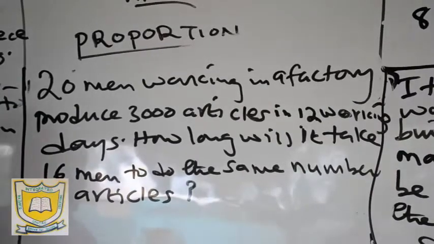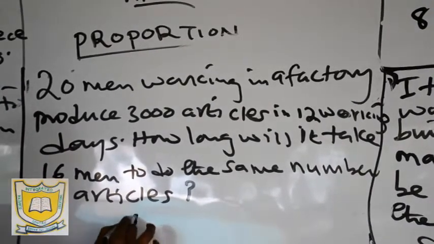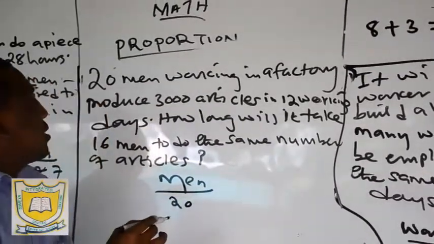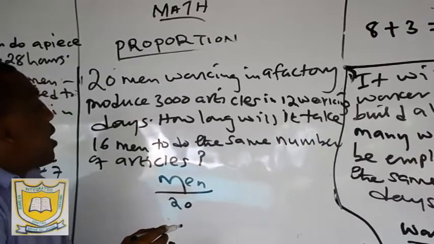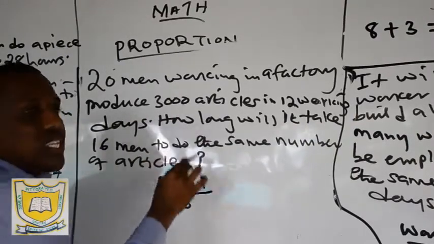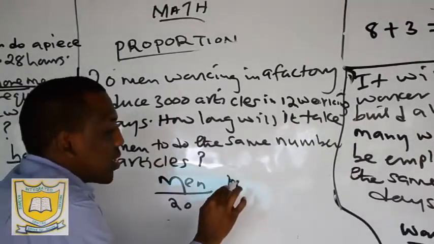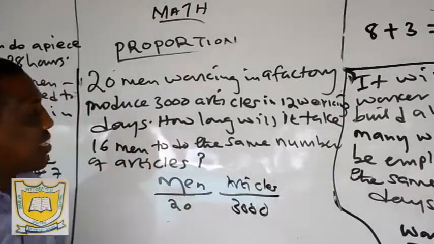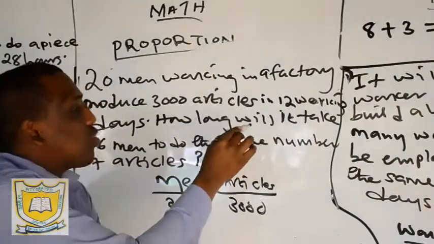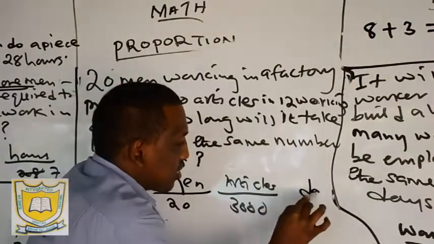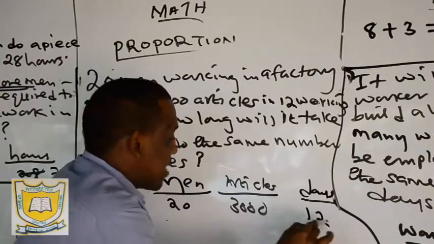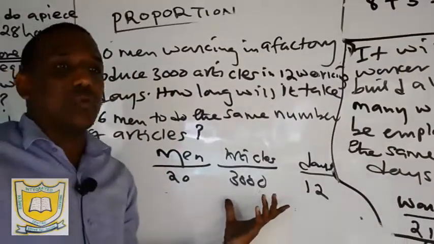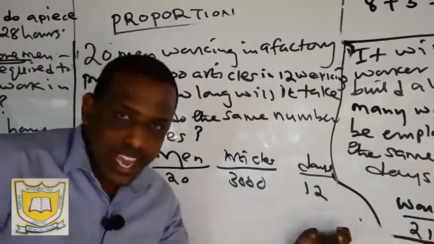It's also very common. You are told 20 men. You write men. You list what you have. 20 men working in a factory produce 3,000 articles. You write articles, you write the nouns you are given. 3,000 articles in 12 working days.